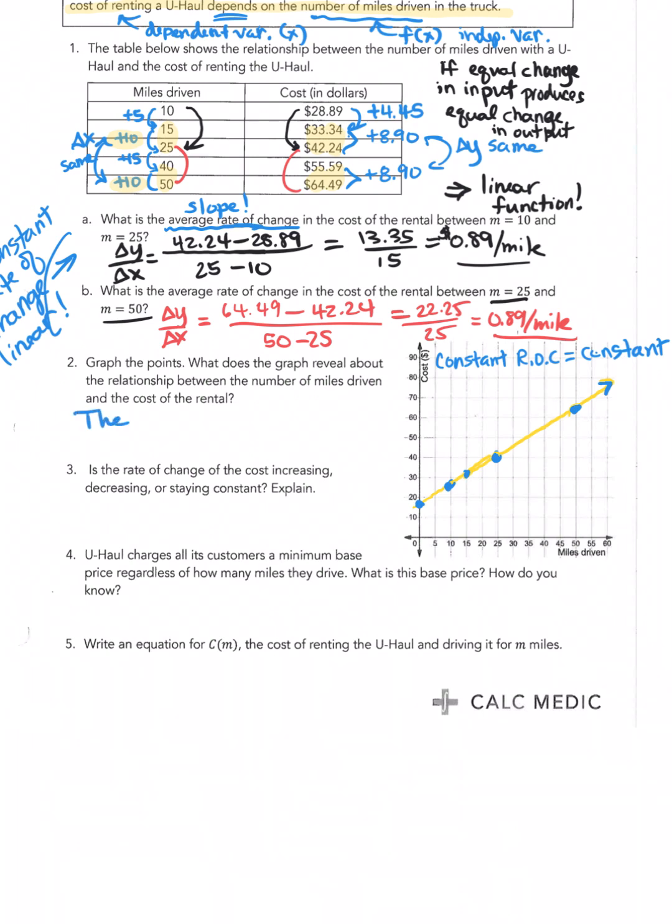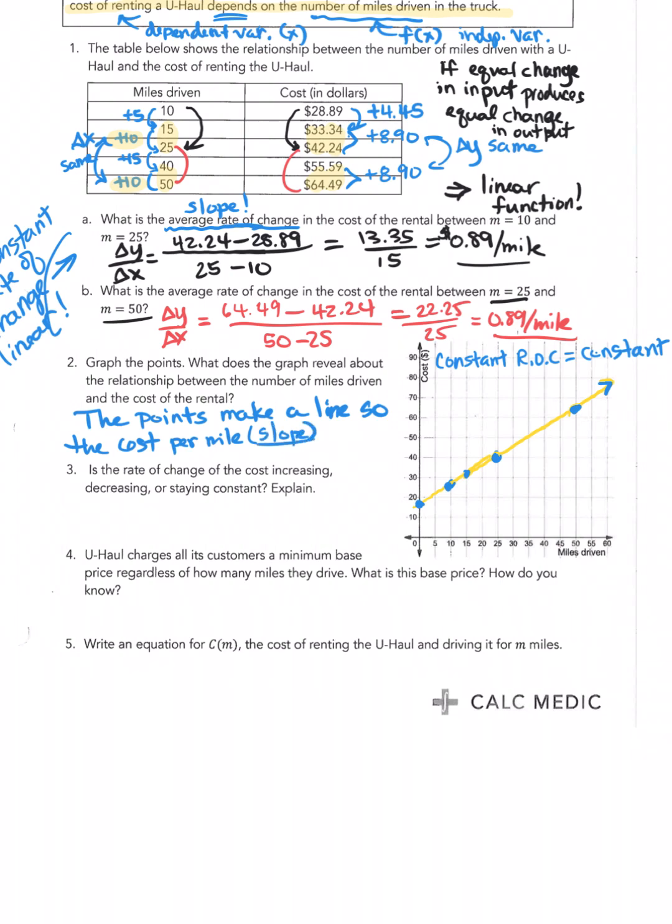Well, we know the points make a line, don't they? So what do we know? The cost per mile, and that would be the slope, wouldn't it?